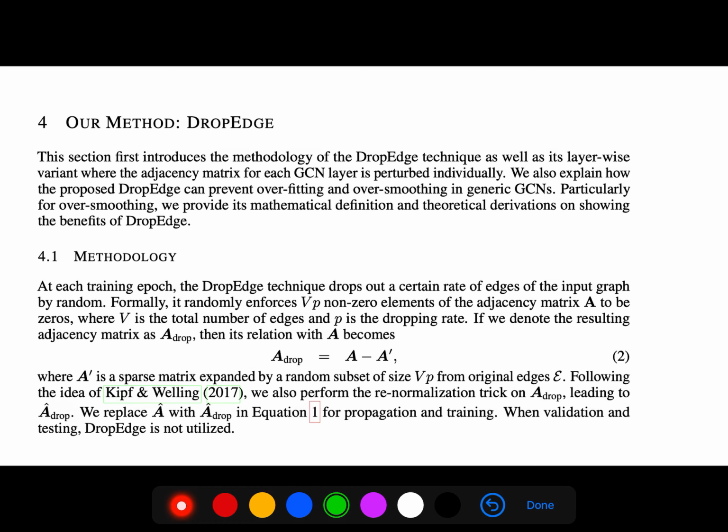If we denote the resulting adjacency matrix as A prime, then the relation becomes like this. A prime is a sparse matrix expanded by a random subset of size VP from the original edges.